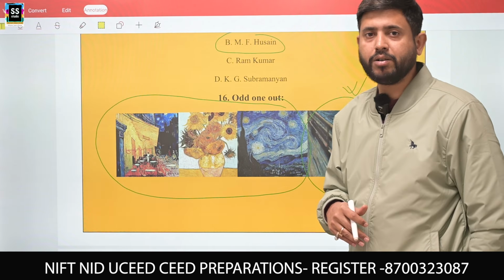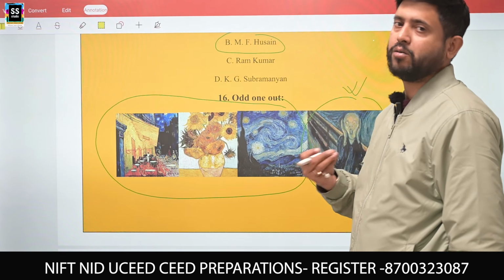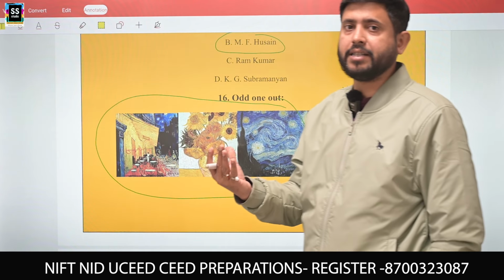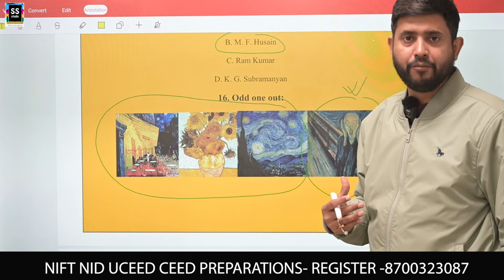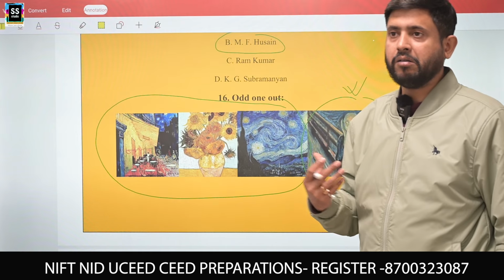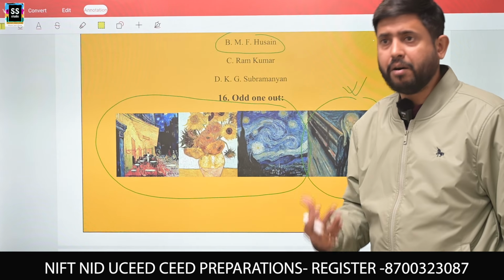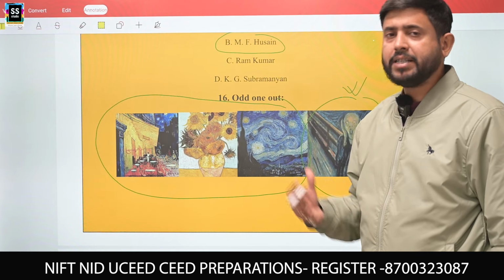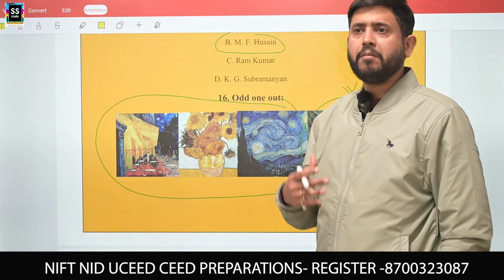I hope you understood this slide and the type of questions that can be asked related to art movements. And art movement is very difficult. There is prehistoric, then Greek art movement, then Renaissance, then Baroque, Rococo, Dadaism, Fauvism, Post-Impressionism, Impressionism, Surrealism, Realism, Pop art.